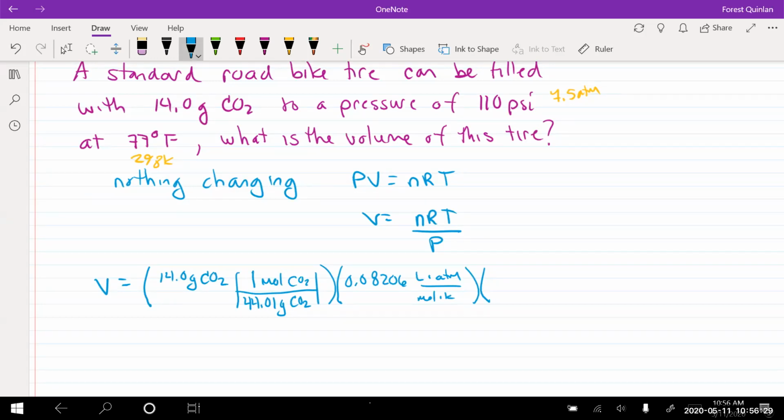So we have to make sure we had it in the right units. 298 Kelvin and 7.5 atmospheres. I decided for the few of us that have actually ridden the bicycle, you know you have to pump up your tires to 110 PSI, and 77 is room temperature in science.